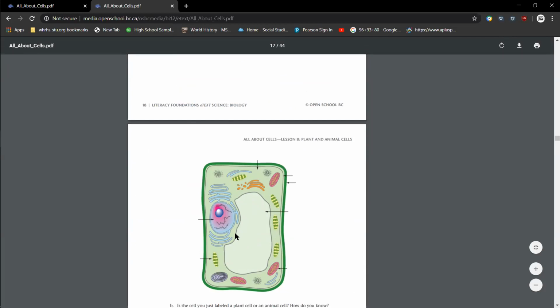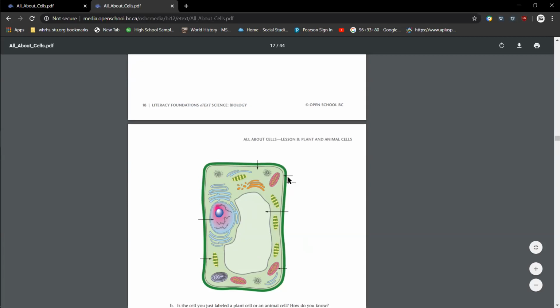That also suggests that it contains chlorophyll. We'll talk about that more when we talk about photosynthesis, but just remember, anything green like that is probably going to be a chloroplast. And then you have the cell wall, which is the thick green thing here. And then you have the plasma membrane, which is much thinner. So that's how you can tell it's a plant cell.